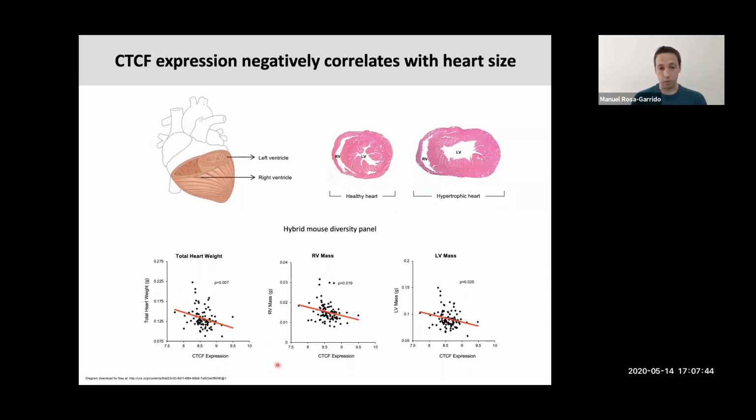On the x-axis we have CTCF level, and on the y-axis we have three different traits related to heart size: total heart weight, right ventricular mass, and left ventricular mass. You can see that the lower the amount of CTCF in the heart, the bigger the heart.